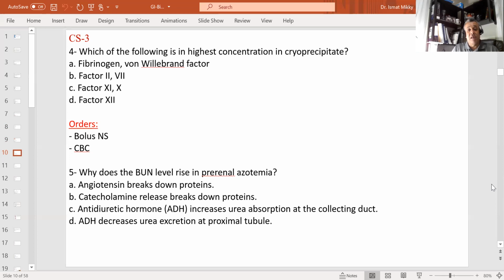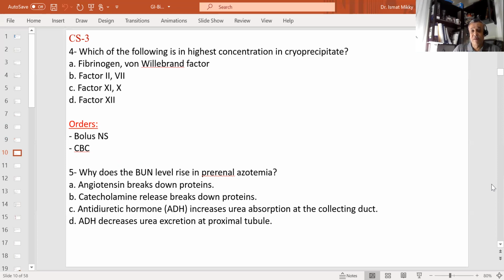for anyone is that we use desmopressin acetate, DDAVP, which is the synthetic ADH hormone, for von Willebrand factor, and recombinant factor 8 will be for hemophilia.